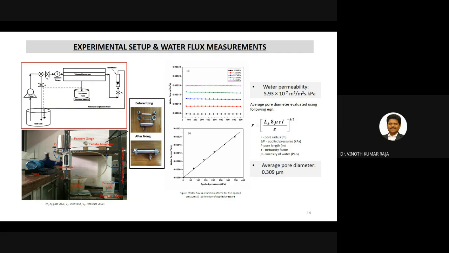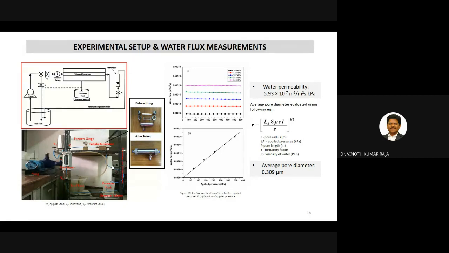The prepared tubular membrane was incorporated in the tubular tangential flow microfiltration setup, where the feed is pumped to the module from the feed tank and applied in recirculation mode. With that experimental setup, we have measured the water flux of the membrane.